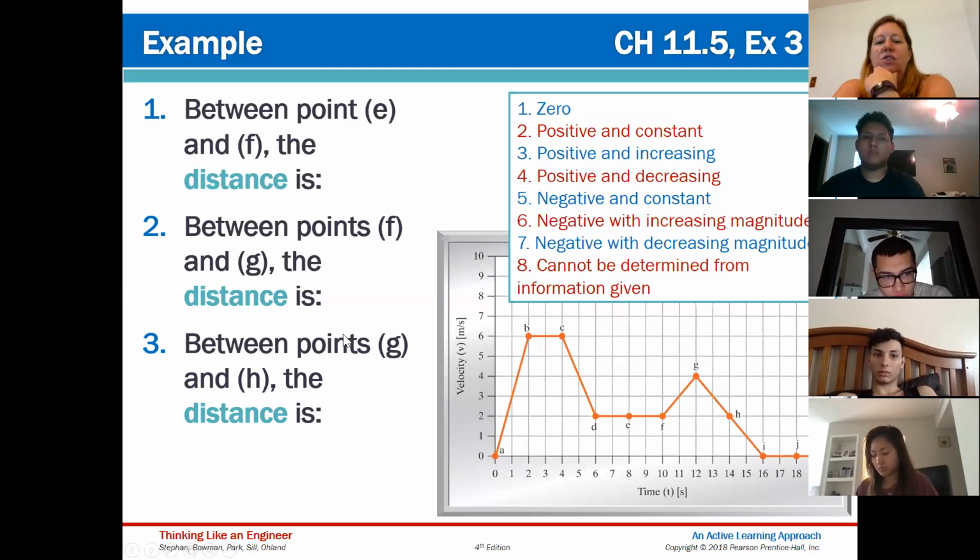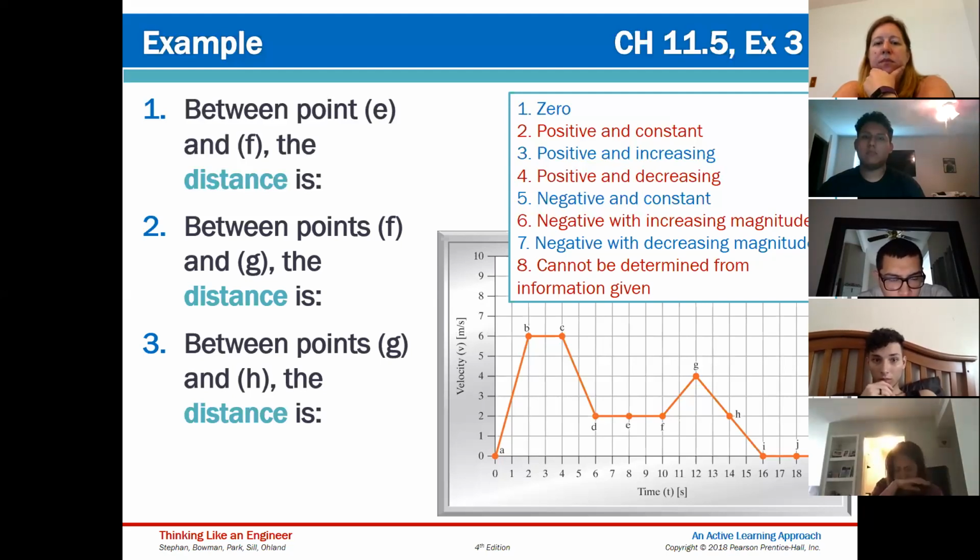And G and H. So our distance is what? Increasing. Oh. It's still increasing.